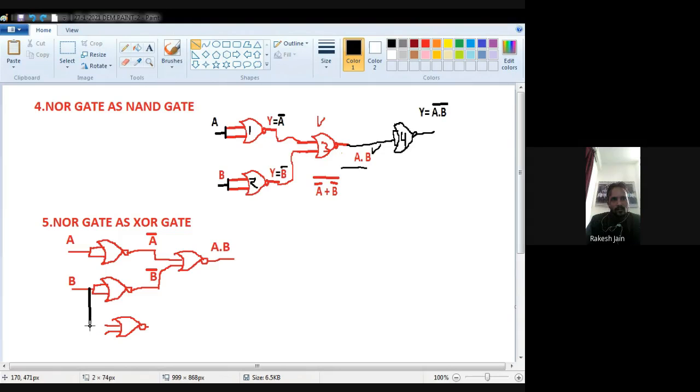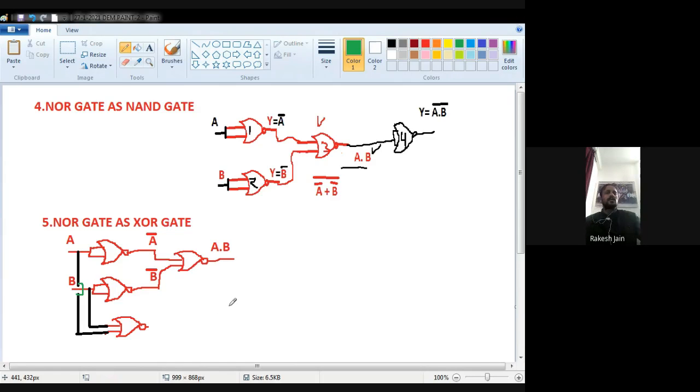I use a straight line this time, so see carefully. One is this, one is this, and with the help of this green color I show you the jumper wire.